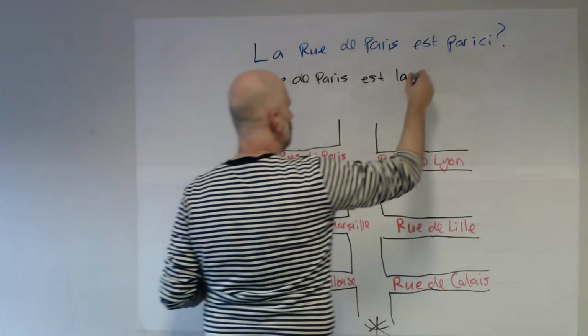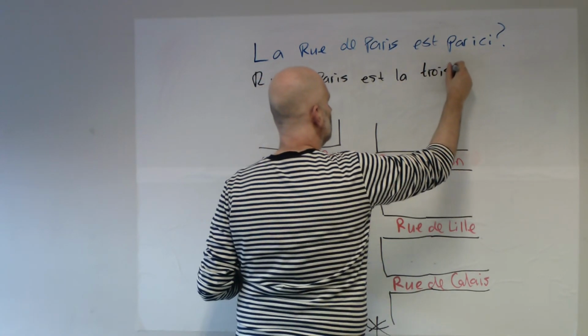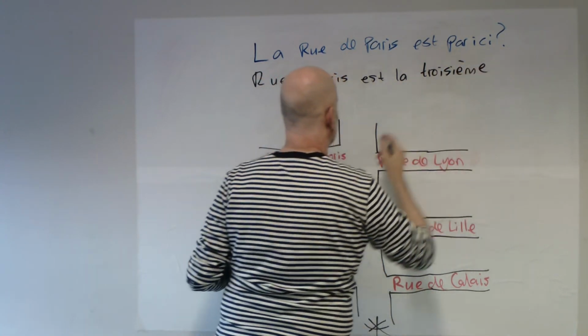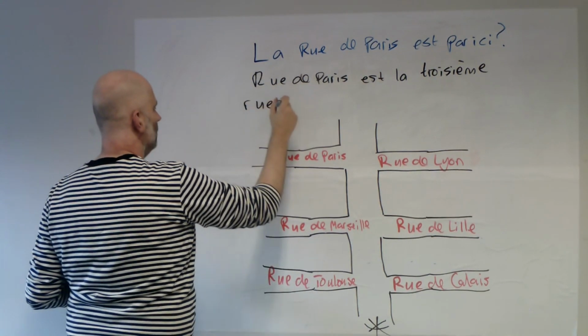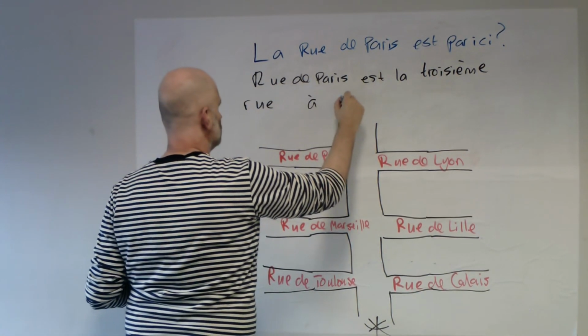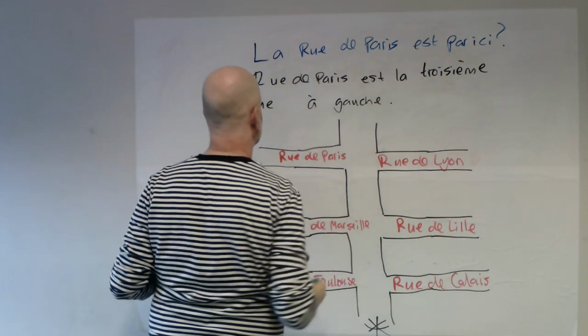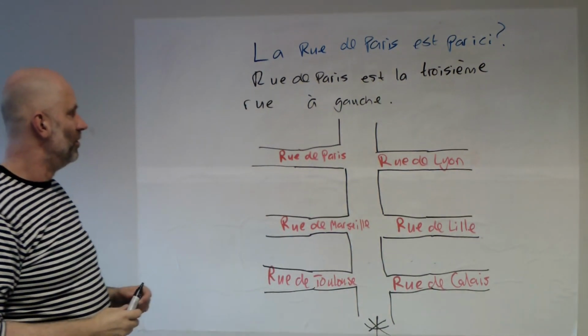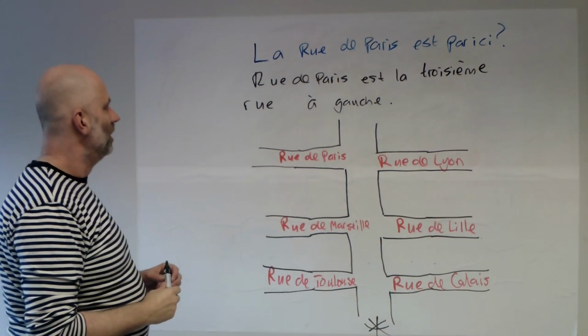Rue de Paris est la troisième rue à gauche.